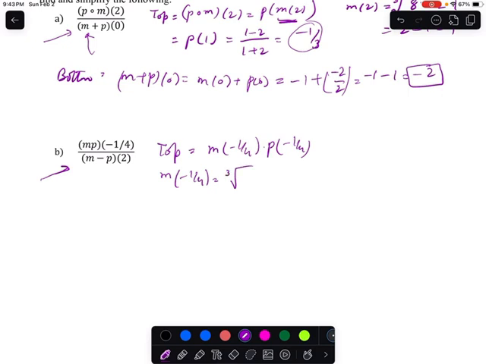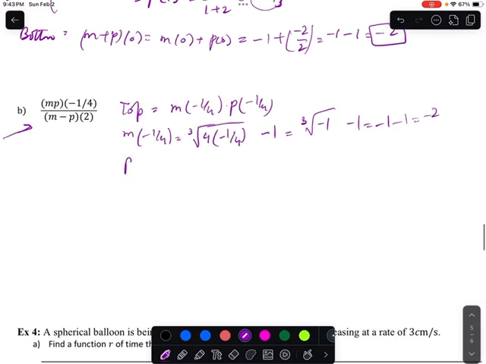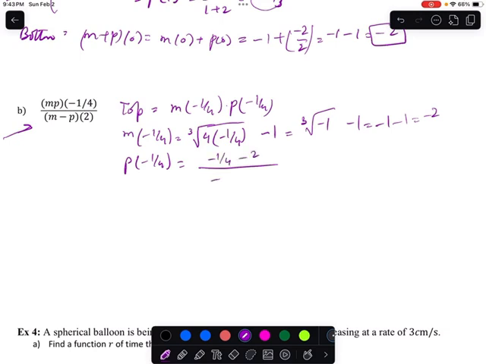Cube root of 4 times negative 1 over 4, minus 1, which is cube root of negative 1, minus 1. Now cube root of negative 1 is negative 1, minus 1, so I get negative 2. Now P of negative 1/4. So this will be negative 1 over 4 minus 2, over negative 1 over 4 plus 2. So take the common denominator, which is 4.